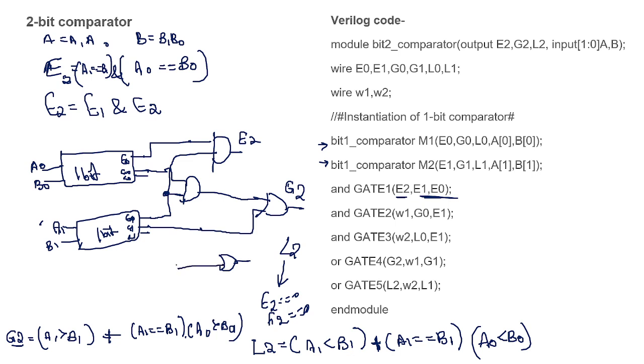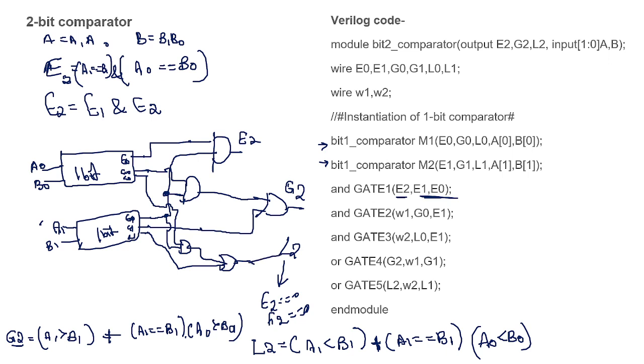So if this input is lesser, then it is fine. Otherwise, both MSBs should be equal and the previous bit should be lesser. So this will be my L2.